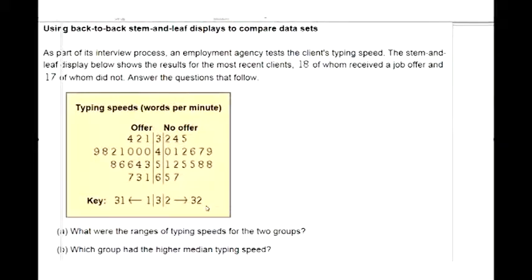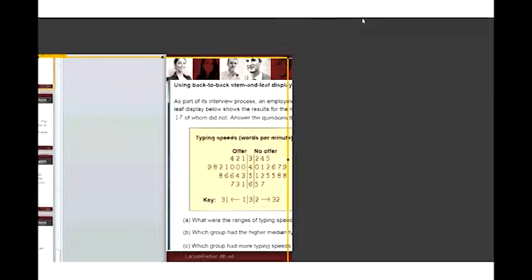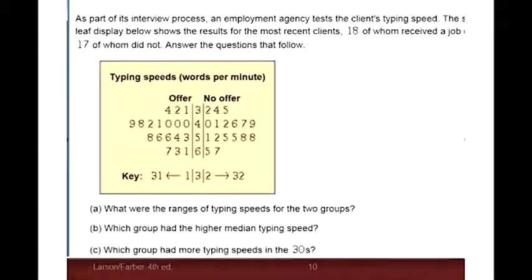It shows that 3 line 1 and 2 means 31 for the left side and 32 for the right side. Okay? So I'm going to come back here to my editable PowerPoint and type something on here.